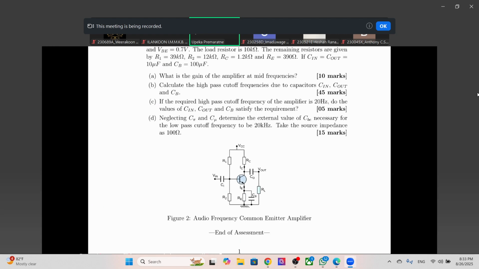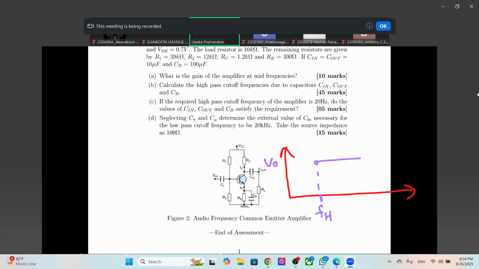As I mentioned before, let's take our amplifier response. We have our low frequency cutoffs. For our low frequency analysis, we get what is called a high pass frequency, because above the high pass frequency the signal goes through to the output.